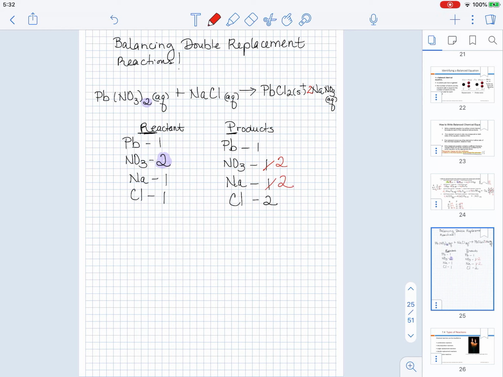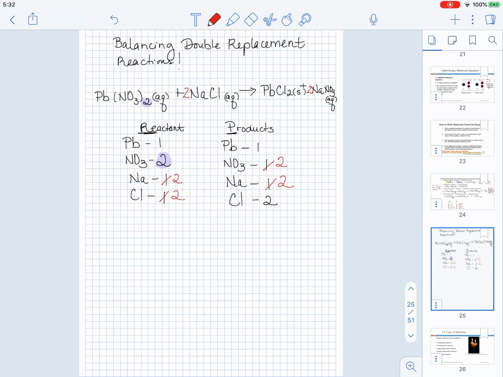Now, as you can see here, the only thing that I have left to balance is going to be my sodium and my chlorine, which is in the reactant. And by placing a coefficient of 2 in front of sodium chloride, it will take my sodium to 2, my chlorine to 2, and now my equation is balanced.